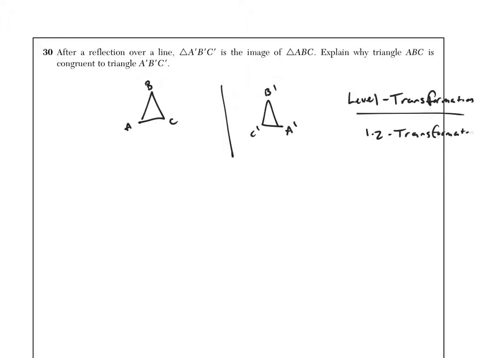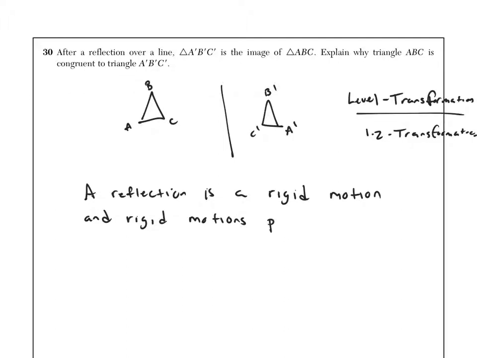And you learned, using the properties of rigid motions, we would state this. A reflection is a rigid motion, and rigid motions preserve both angle measures and side lengths.